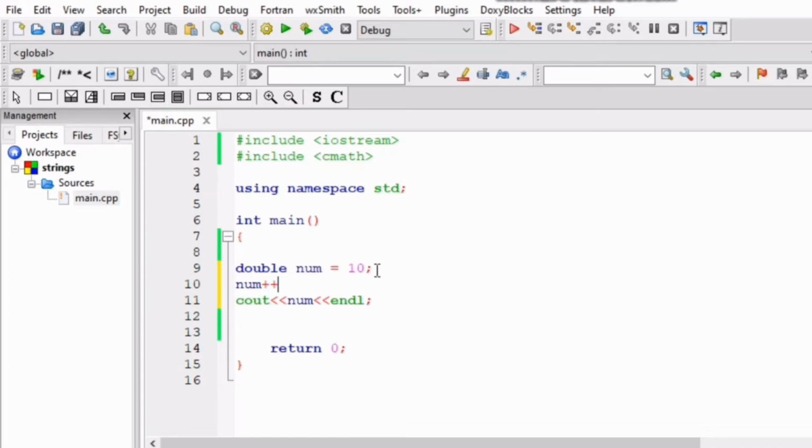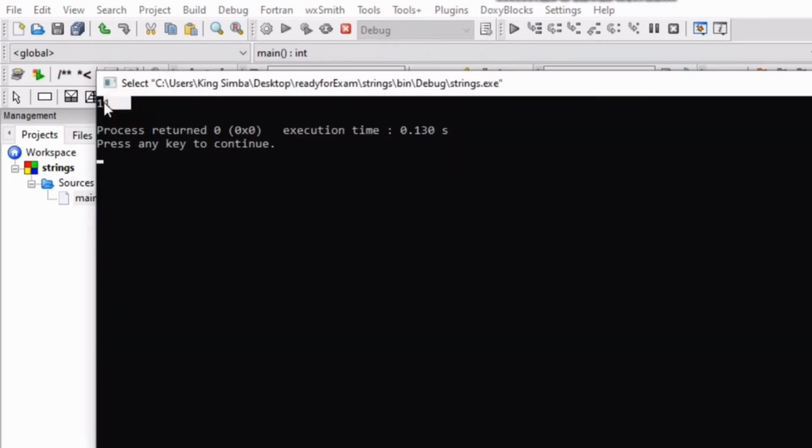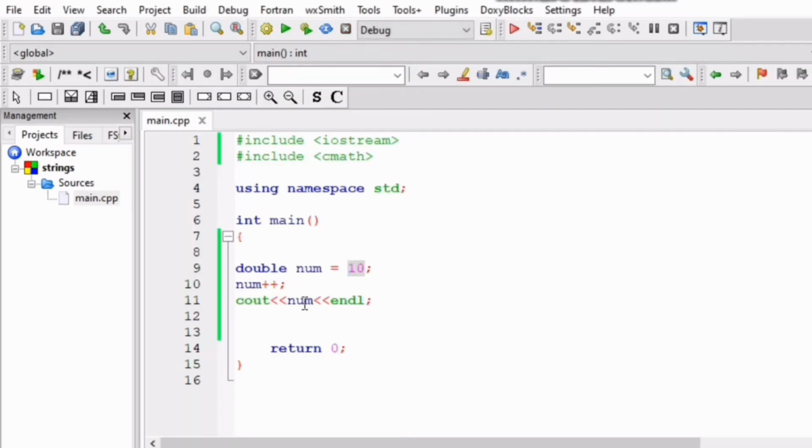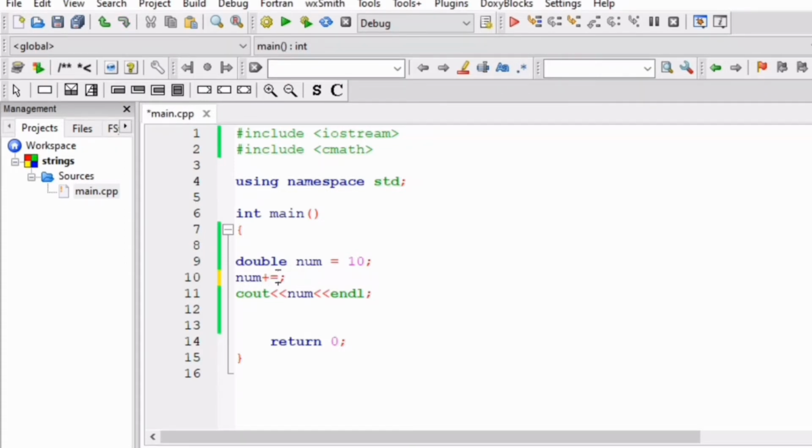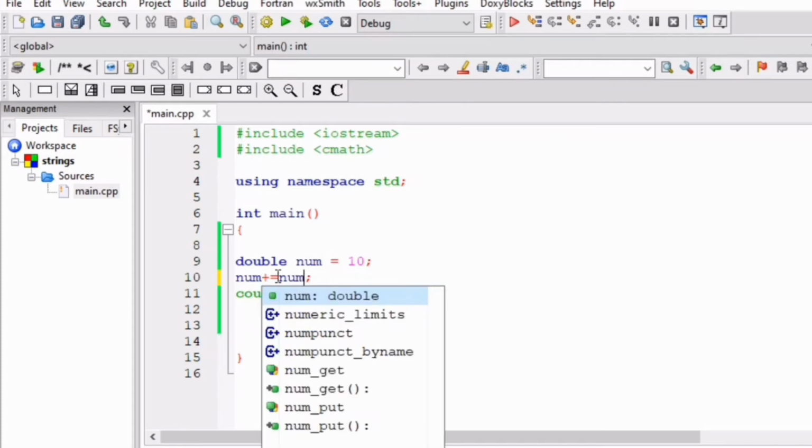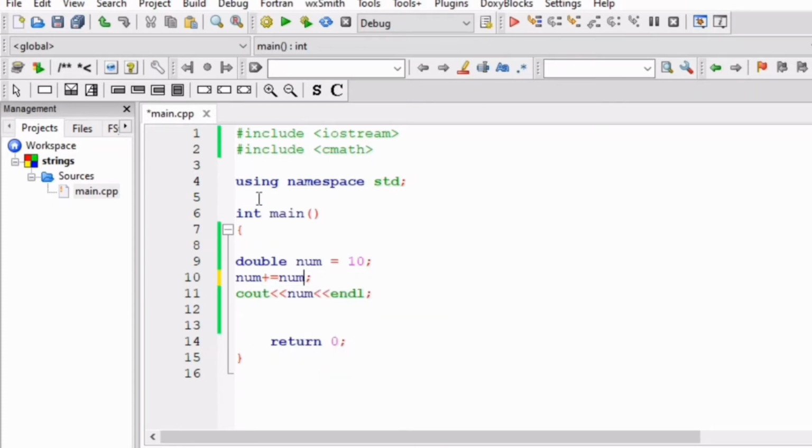Plus plus simply means you are incrementing our number, which is 10, by 1. Let's see. You can see the answer is 11. If you write num minus minus, it simply means you are reducing your number by 1. This is usually used in for statements.